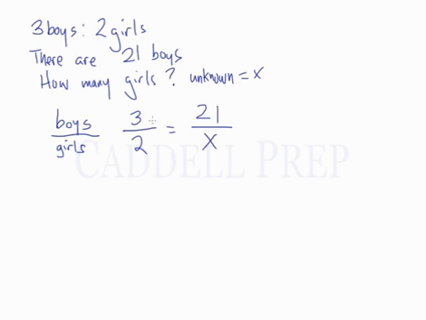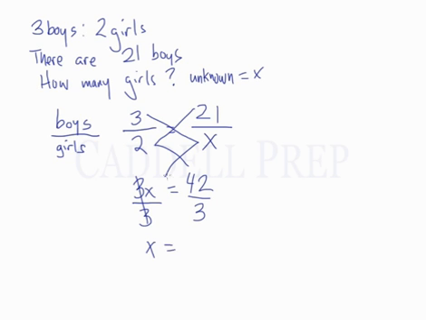Now we just cross multiply. 3x equals 42. So we have to find out what value of x would make these two equal. We're just going to divide by 3. And we get that x is 14.